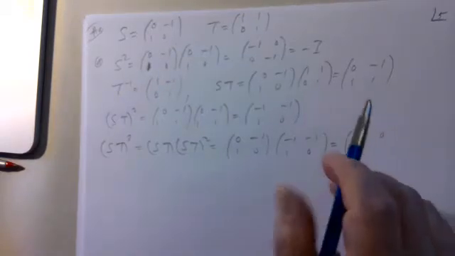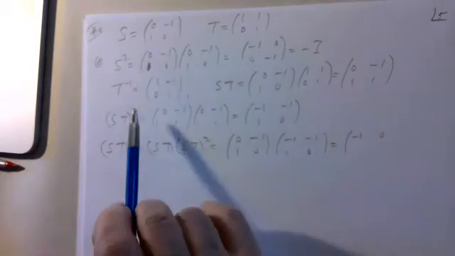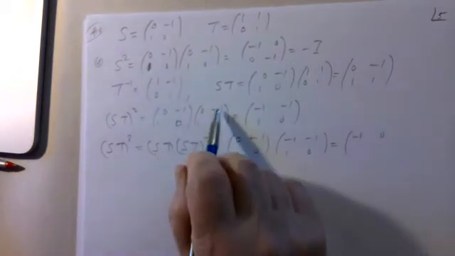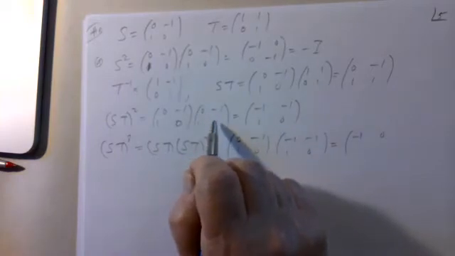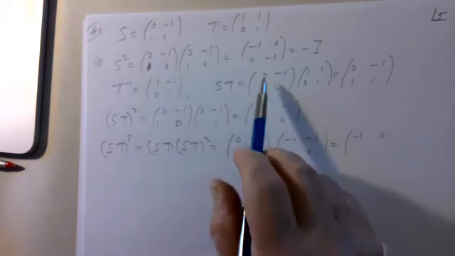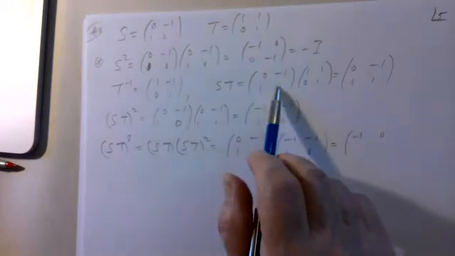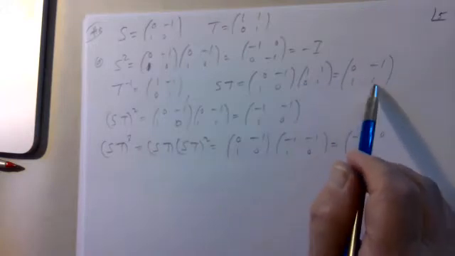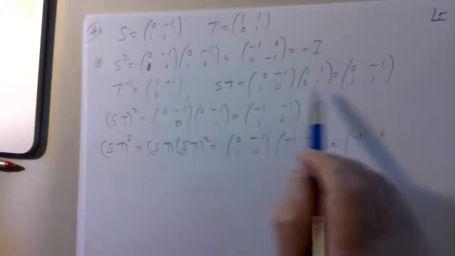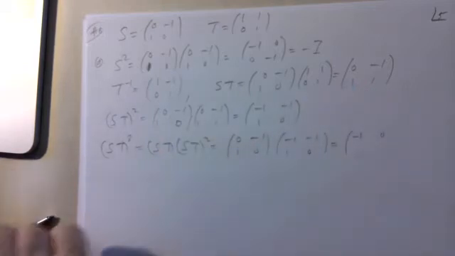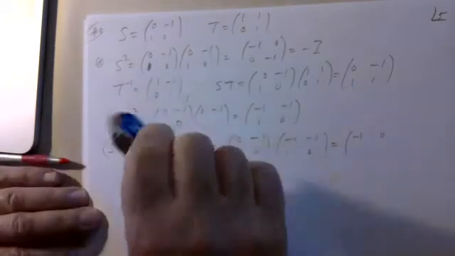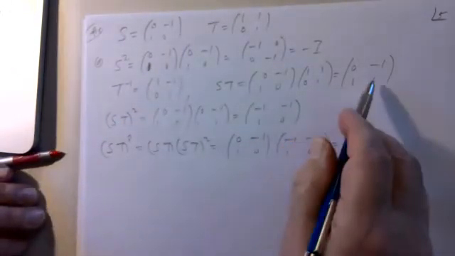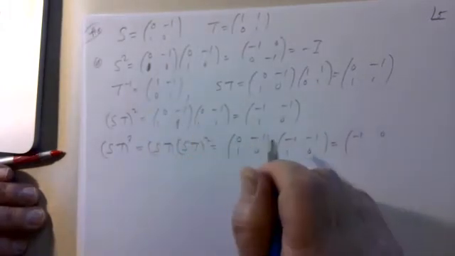Let me just double check that I didn't make too many mistakes here. Sorry, ST is 0, -1, 1, 0 times 1, 1, 0, 1. So it's 0, -1, 1, 1. So ST squared, I multiply this by itself, 0, -1, 1, 1 times 0, -1, 1, 1.